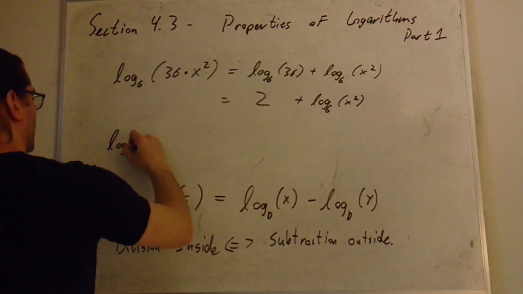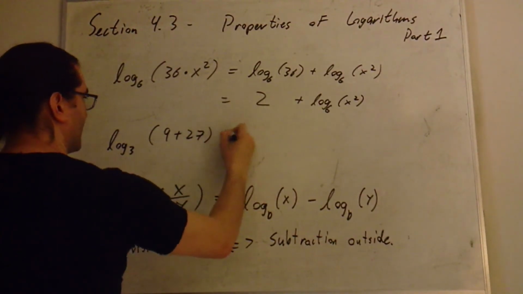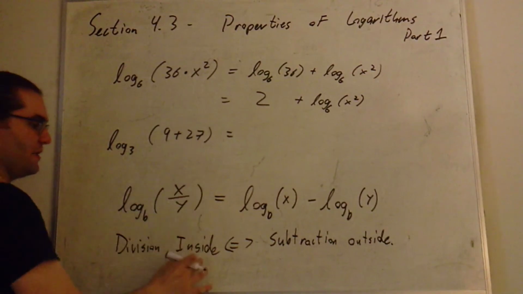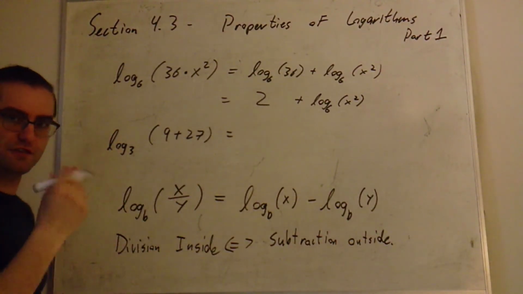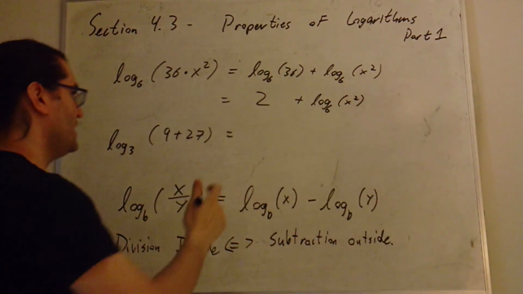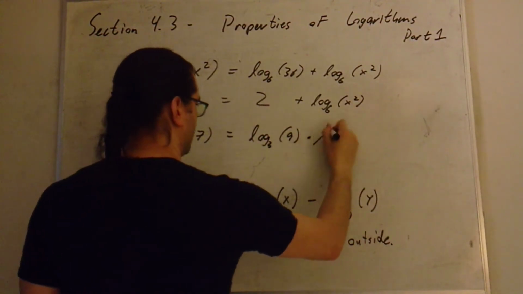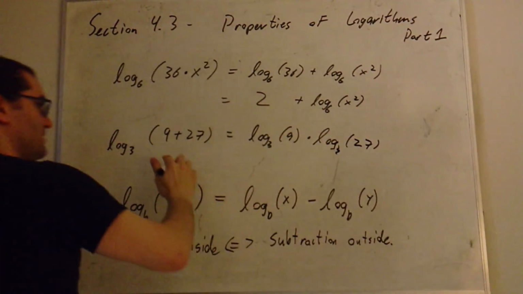If you see something like the log base 3 of 9 plus 27, I'm worried that some of you are not paying attention to the position of these operations, and you're just sort of associating addition and multiplication, and you'll try to turn this into the log base 3 of 9 times the log base 3 of 27. This is not true.